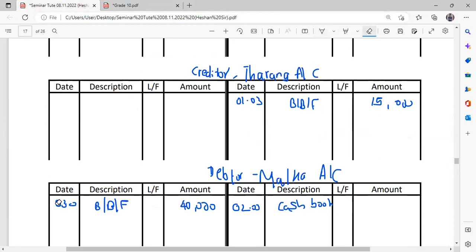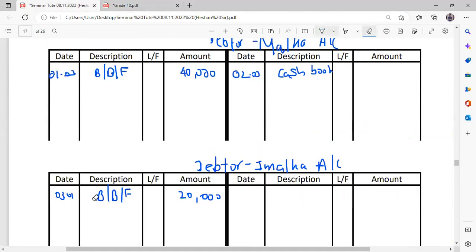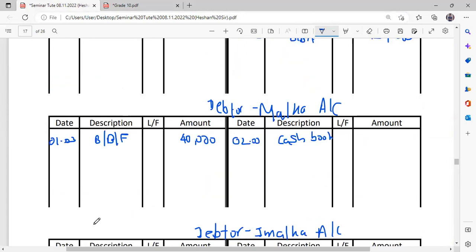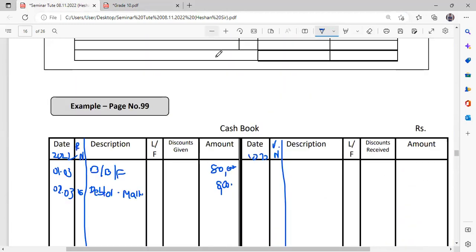So you need to record it here on the date, 2nd March, in the cash book and in Malka's account. We received 8,000 from Malka. Okay, finished.